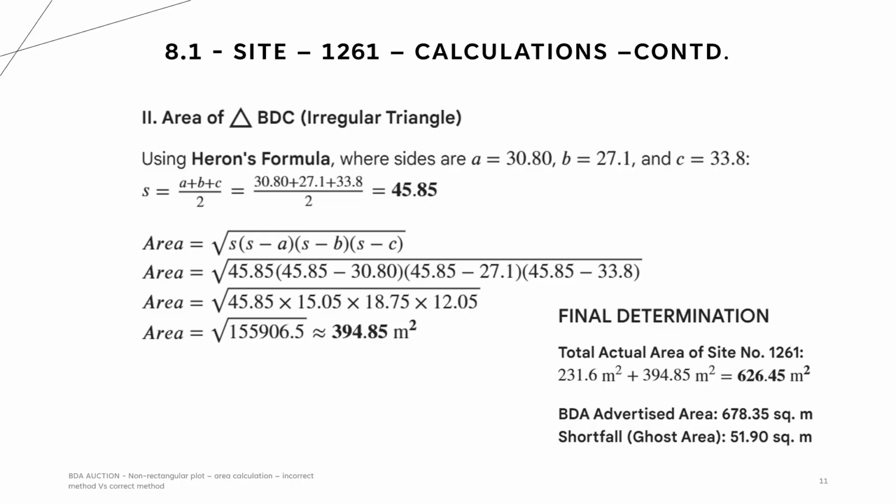Therefore, the area of triangle BDC will be square root of S into S minus A into S minus B into S minus C. So, if we substitute the values of S, A, B and C inside this formula, we will get the area of the irregular triangle BDC equal to 394.85.